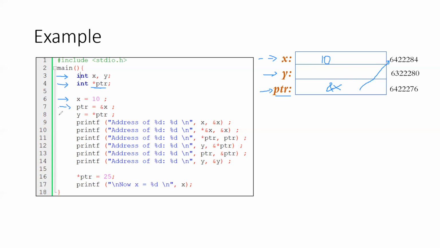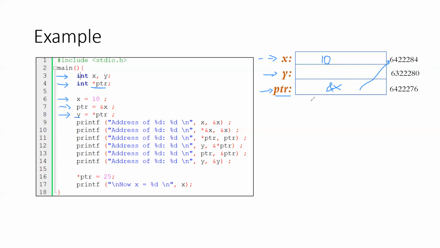Now on line 8, we are setting the value of y with the value of the variable that the pointer PTR is pointing to. Since PTR is pointing to the address of x, we want the variable x.